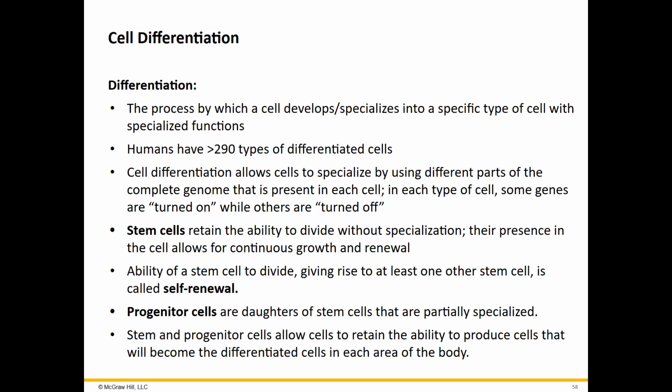It's specialized enough to know that its genetic information that it's turning on is related to the nervous system, but it's not quite specialized enough to say where in the nervous system yet. So stem cells can become anything. Progenitor cells can become anything within a type. So a stem cell and a progenitor cell allows cells to retain the ability to reproduce and differentiate later.